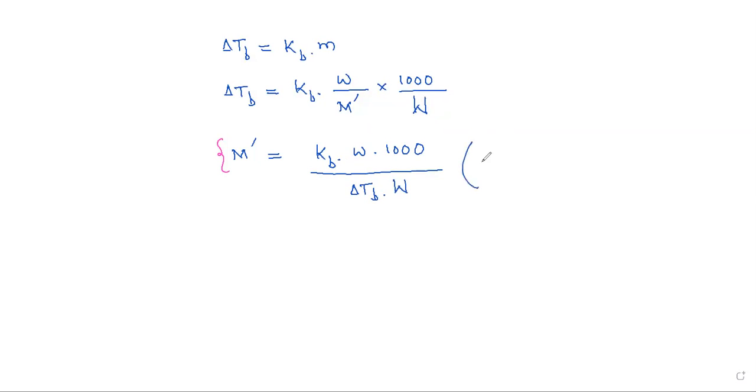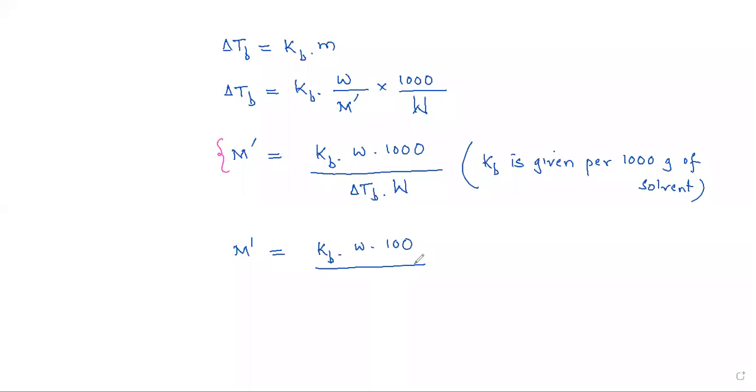See, this is when KB is given for 1000 gram of the solvent. Sometimes they give it per 100 gram of the solvent. In that case, the same can be modified as KB into small w into 100 by delta TB into capital W. This is when KB is given per 100 gram of solvent.